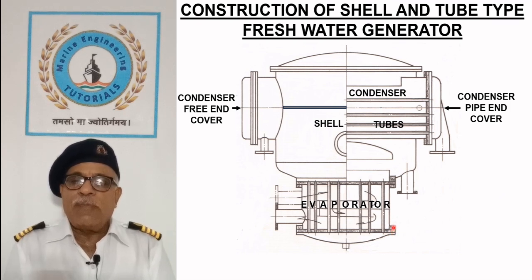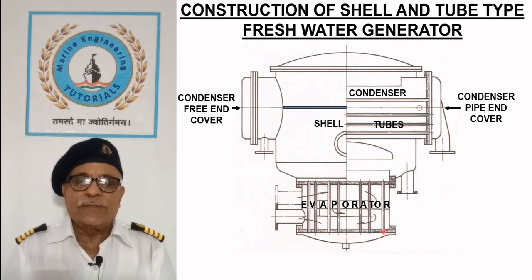A shell and tube type evaporator is bolted to the bottom of the freshwater generator shell. Evaporator shell is made of steel plates and consists of a bundle of straight vertical aluminum brass tubes expanded into naval brass tube plates.